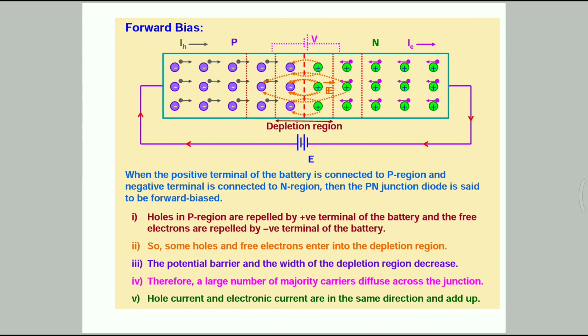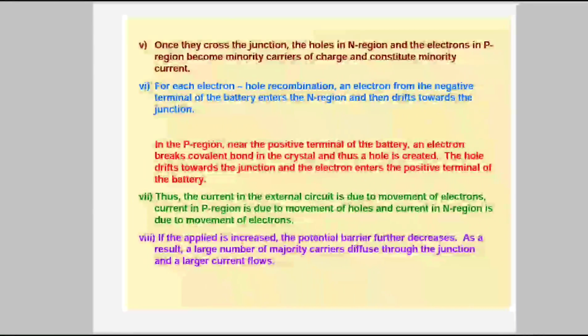For each electron and hole combination, a covalent bond breaks in the P region near the positive terminal of the battery, producing a hole and an electron. The hole moves towards the junction while the electron enters the positive terminal of the battery through the connecting wire. Okay, this is about forward bias.